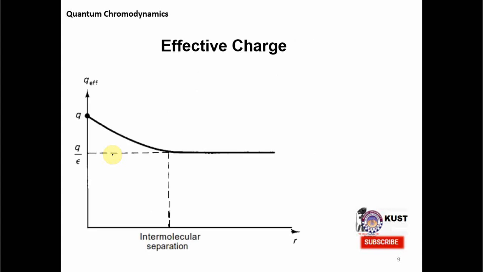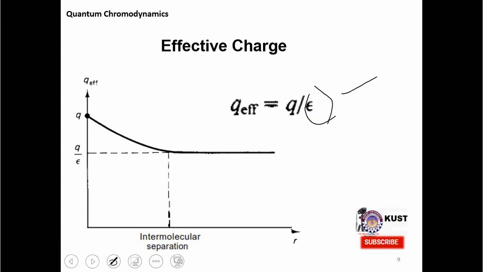If we plot this, you can see that this is the actual charge, and as the intermolecular spacing reduces, you go towards the real charge, and this q by epsilon naught is here. But as you go away, you have the maximum q by epsilon naught effect. Therefore the effective charge is defined by q by epsilon, where epsilon is the dielectric constant, the measure of the power of the medium to polarize the charges.